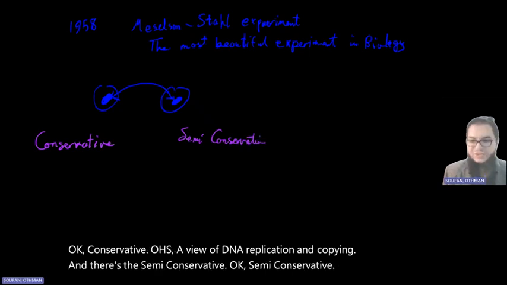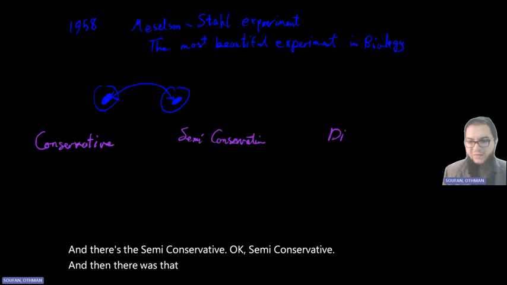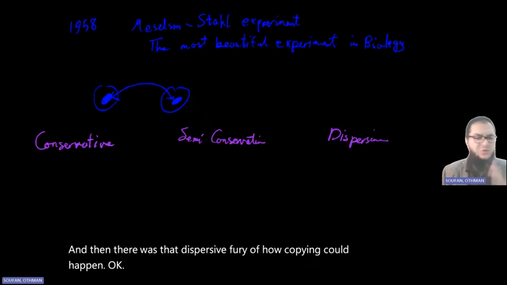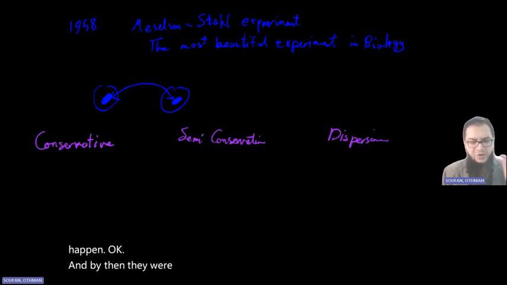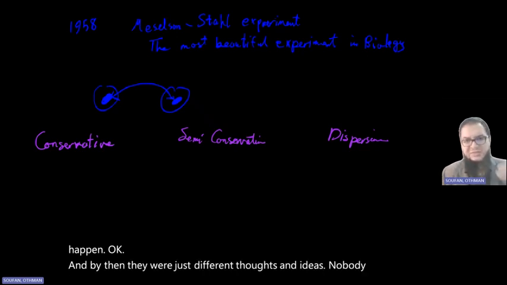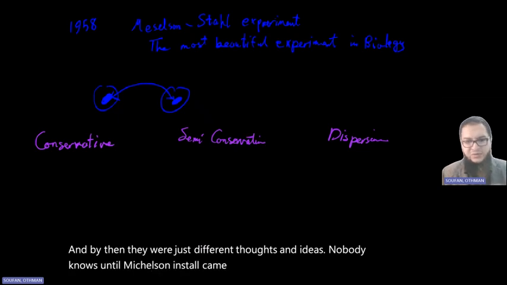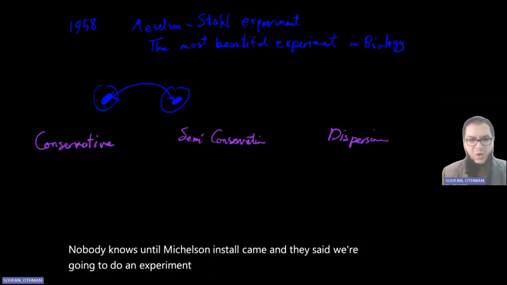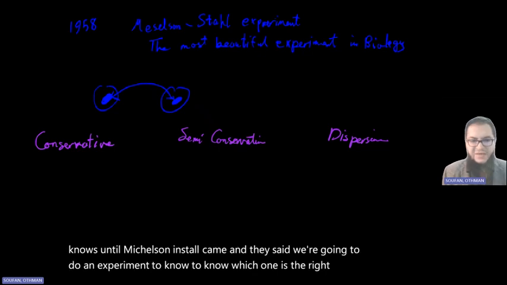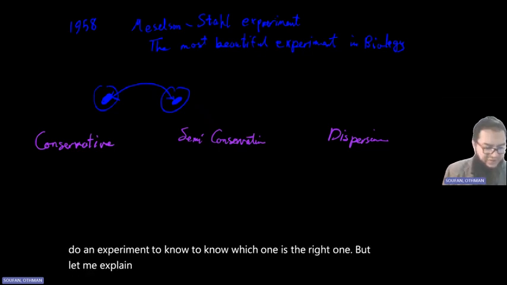And then there was the dispersive theory of how copying could happen. By then, they were just different thoughts and ideas. Nobody knew until Meselson and Stahl came and said, we're going to do an experiment to know which one is the right one. But let me explain what is meant by the conservative one.